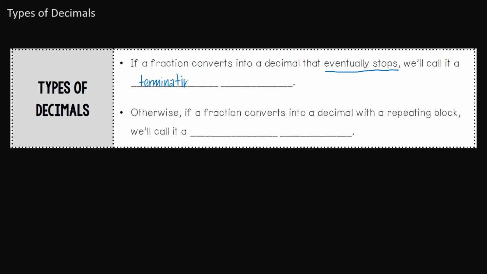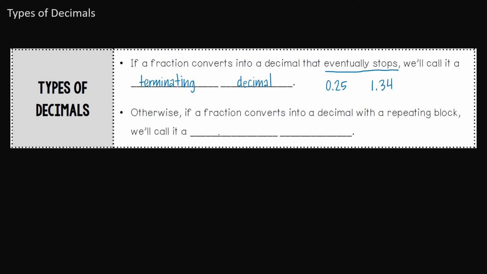If you've ever heard of the film franchise The Terminator, Terminator ends things. So this decimal is going to end. If the decimal ends, it is a terminating decimal. Kind of like in our previous example, 0.25, or it could be 1.34. It doesn't have to be less than 1. It could be any decimal that eventually ends.